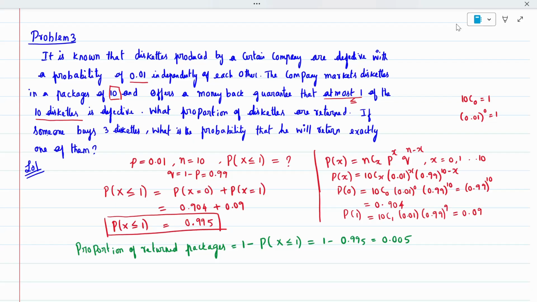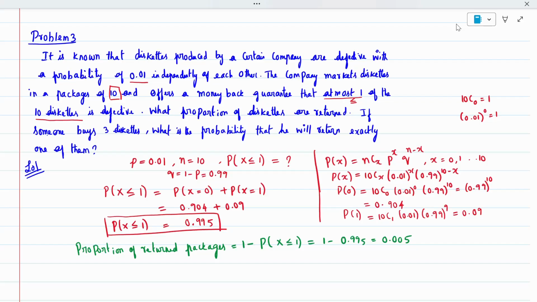So that is completed. Next question, what is asked? If someone buys 3 disks, now before it was 10 disks. Now the question is changed, but the same way, 3 disks only. What is the probability that he will return exactly one of them?